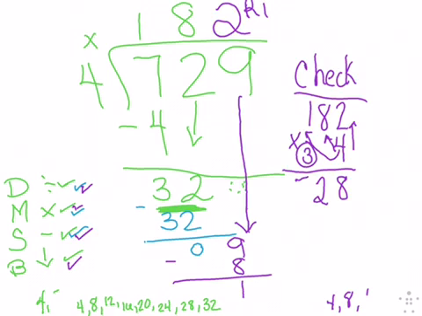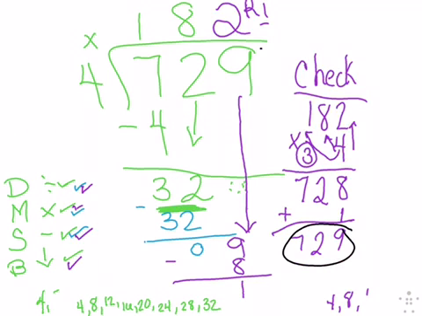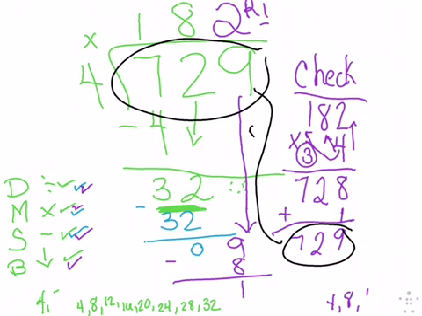Plus 3 is 35 hundreds. Don't forget to add that remainder. Your answer is indeed the same. You're doing the same exact process. You just have one more step.